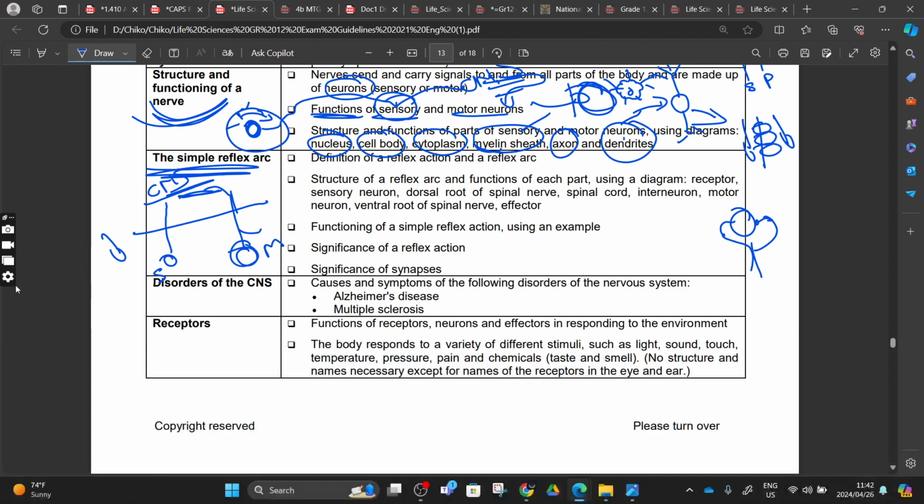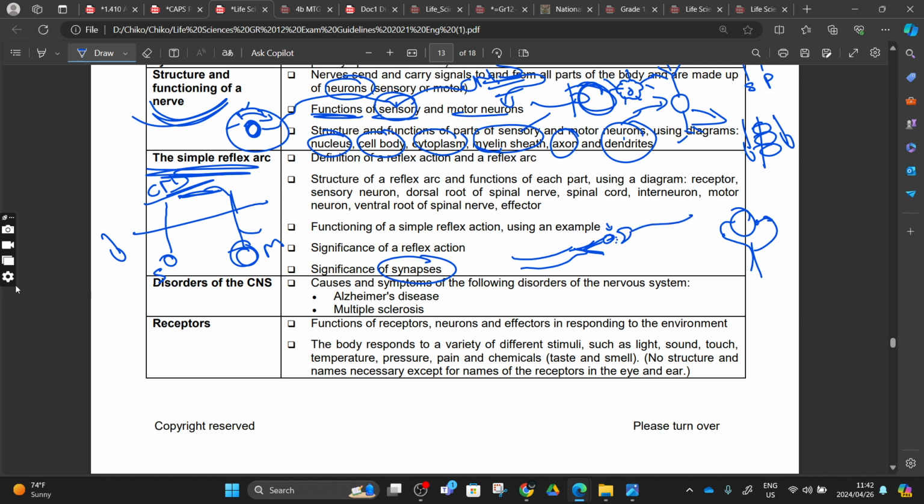Right, we did a simple reflex arc there, and then we also talked about the synapses. We told you that these neurons of ours don't join together, right? If we have a sensory neuron like this, it's going to end at the axon terminals, and these axon terminals have a synaptic knob, and this synaptic knob is going to be closely leaving a gap or a connection there with our dendrites.